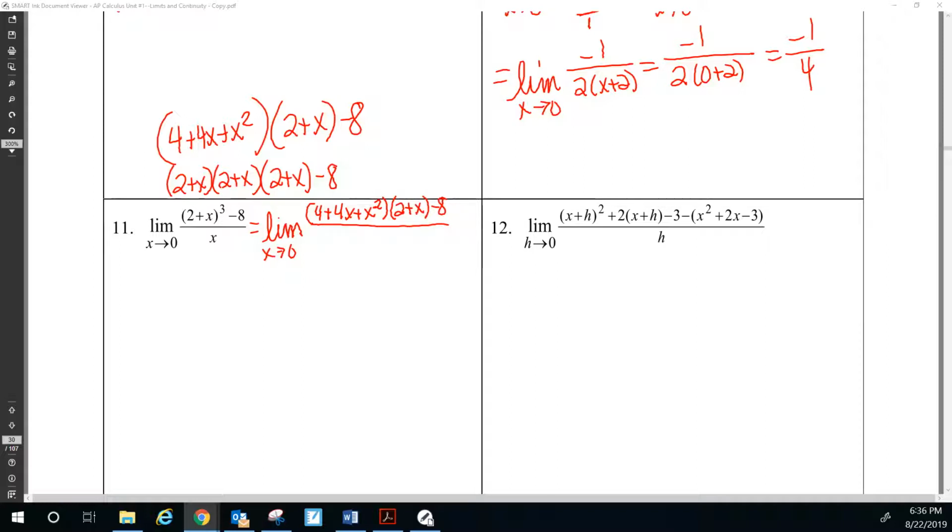Does that make sense? They won't try to track down your work on another part of the page. If you show that step and then do your algebra on a different part of the page, when they come back they'll say, oh, they just made an algebraic error. Whereas if I go from here to my final product, they don't know what you did or where you came up with these numbers, especially if you get it wrong.